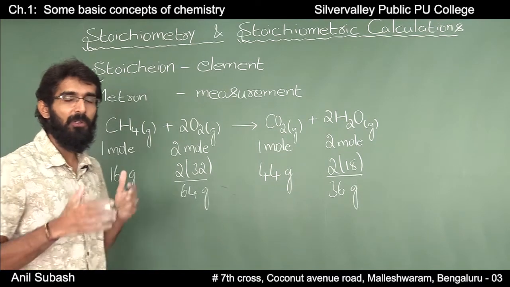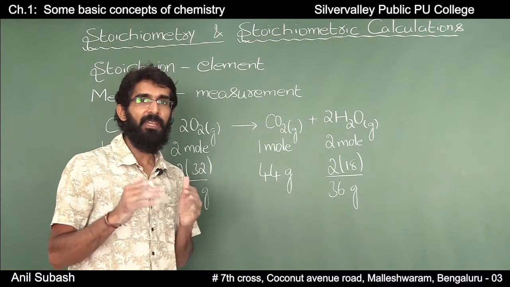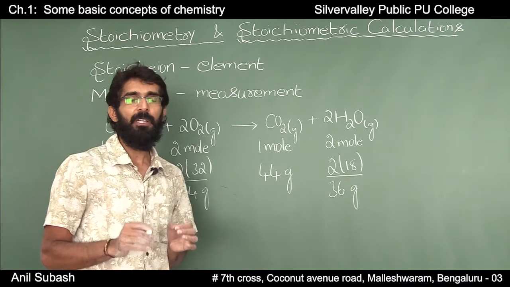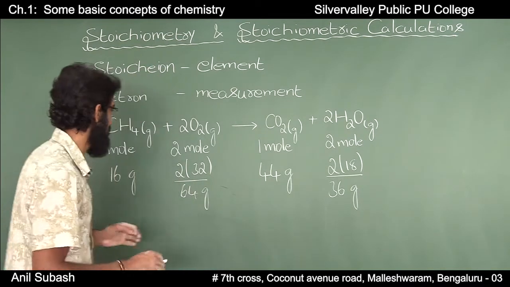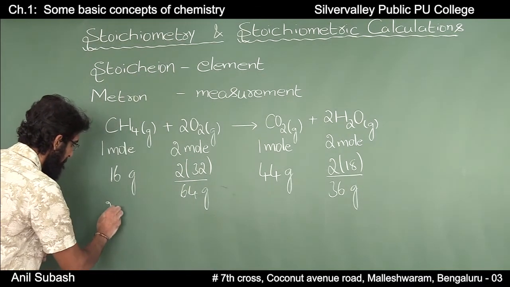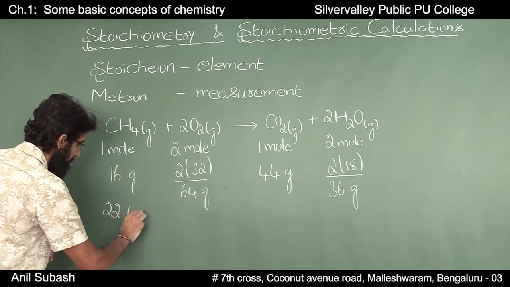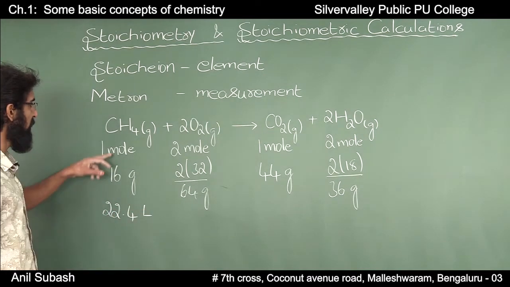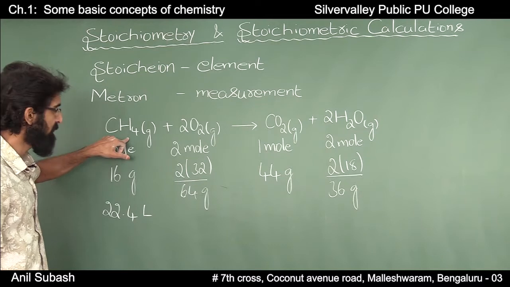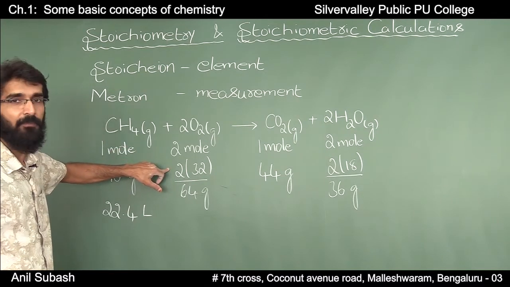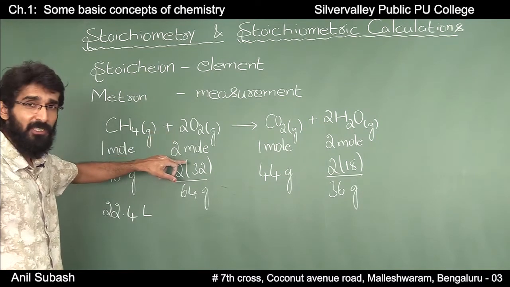that 1 mole of any gas at STP occupies a volume of 22.4 liters. Therefore, 22.4 liter of methane combines with 2 moles of oxygen.